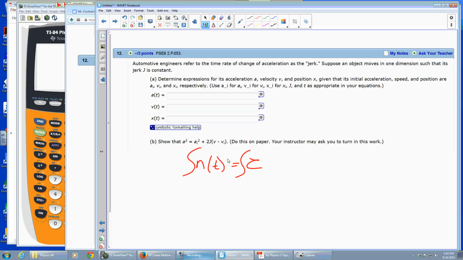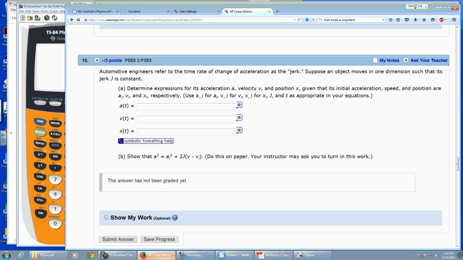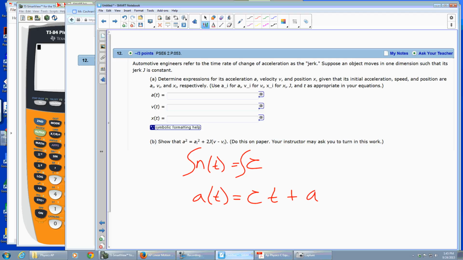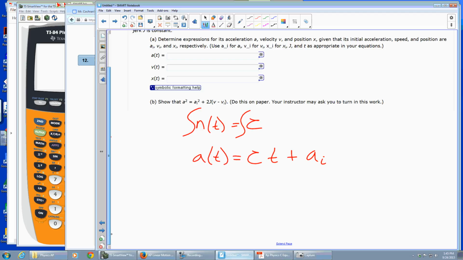So the integral of N with respect to T is A with respect to T, which comes down to C T plus a constant, and that constant is A initial. I'm kind of taking the real shortcut integration here. All right.